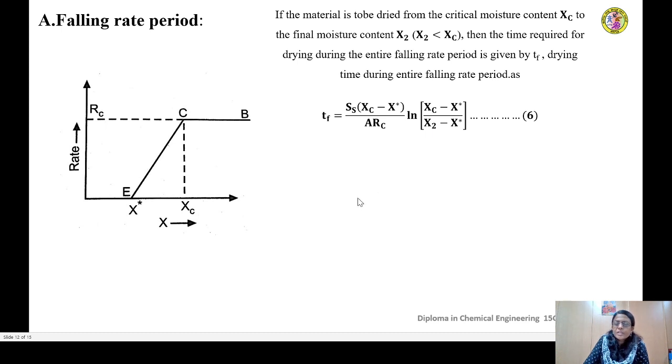So this is your equation number 6. This is the final equation for finding out the time required during the falling rate period, assuming that we dry the material to some final moisture content x2, which is less than the equilibrium moisture content.